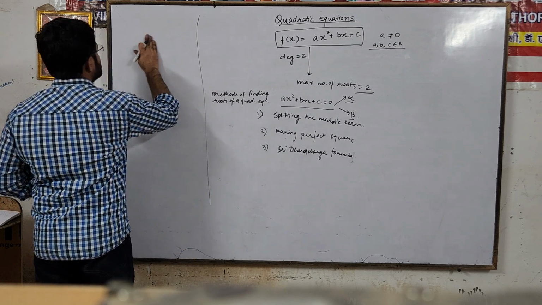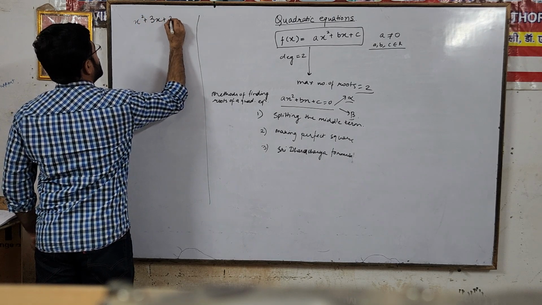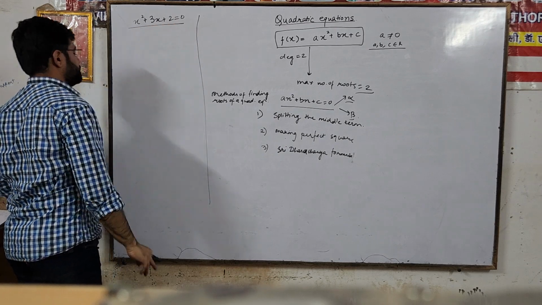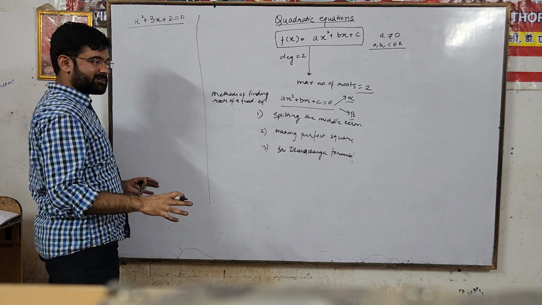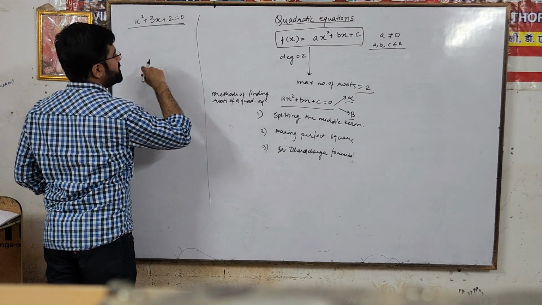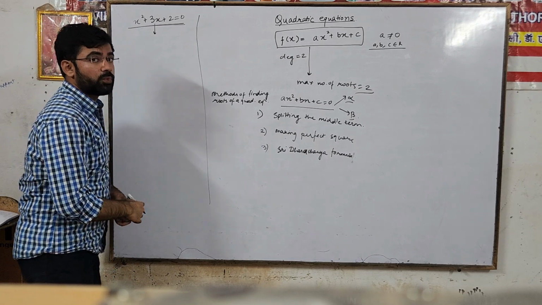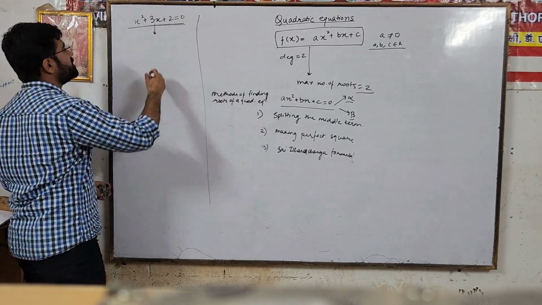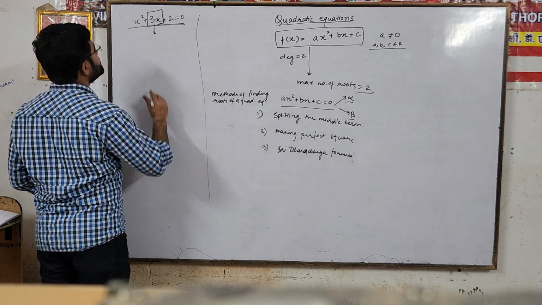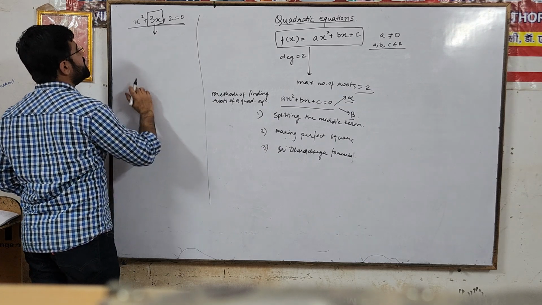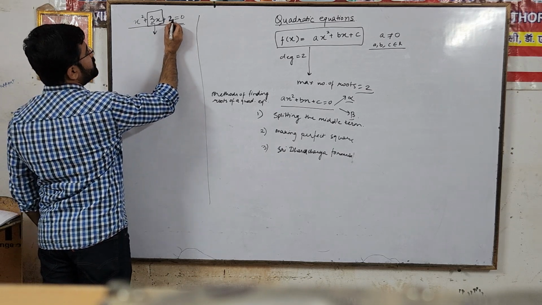Most of you are aware of this method already because you have studied it in your lower classes. So let us assume a quadratic equation x square plus 3x plus 2. I'll just tell you in brief, even if someone doesn't know. In splitting the middle term, you take the term which contains x and split it in such a way that the coefficients give the product of the constant term.